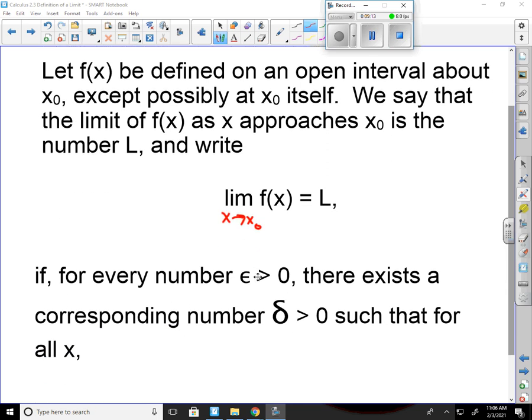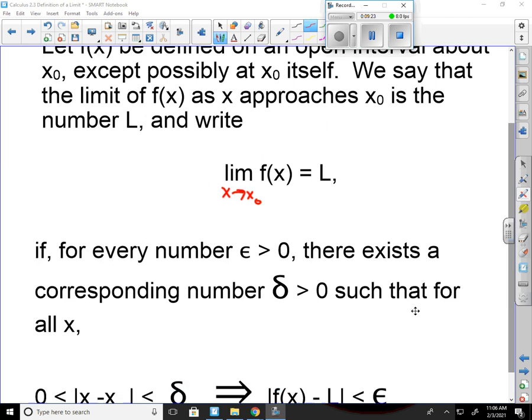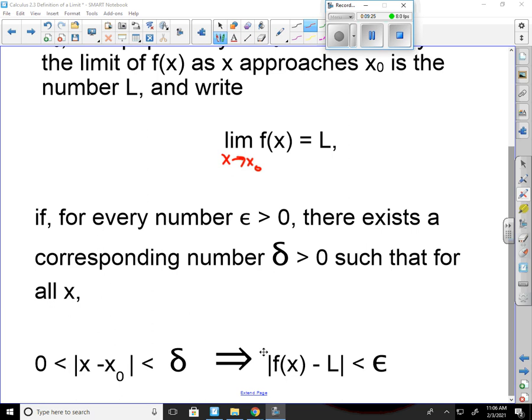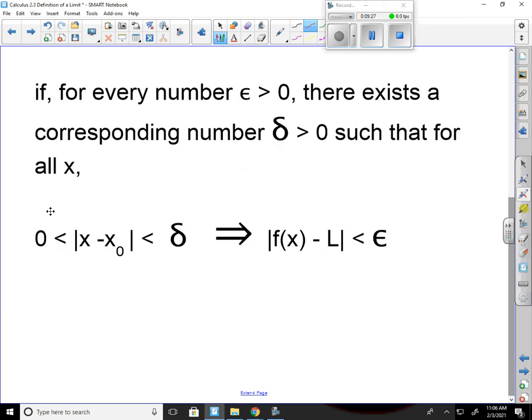So if we have an epsilon greater than 0, there exists a corresponding delta greater than 0, such that for all x, the absolute value of x minus x naught is between 0 and delta. Then the absolute value of f of x minus L is less than epsilon.